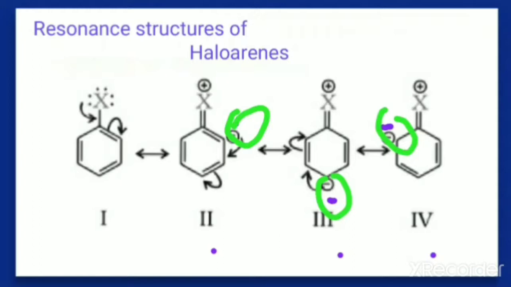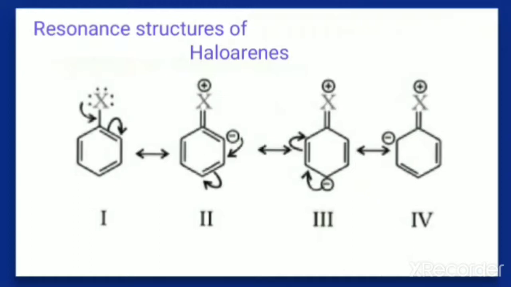Because electrophiles are electron loving, they attack this region where there is more electron density.